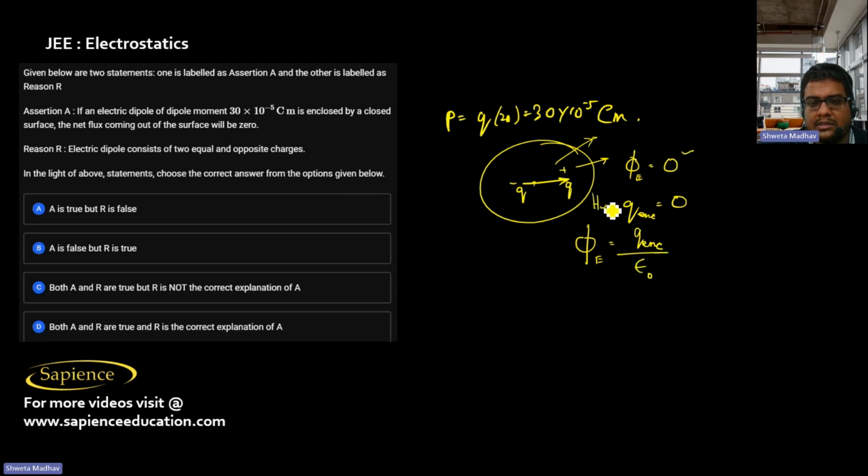Since the enclosed charge is zero, the net flux also is zero. An electric dipole consists of two equal and opposite charges, so the net charge is zero and the net flux is zero. So both A and R are true, and R is the correct explanation of it. So option D is the correct answer.